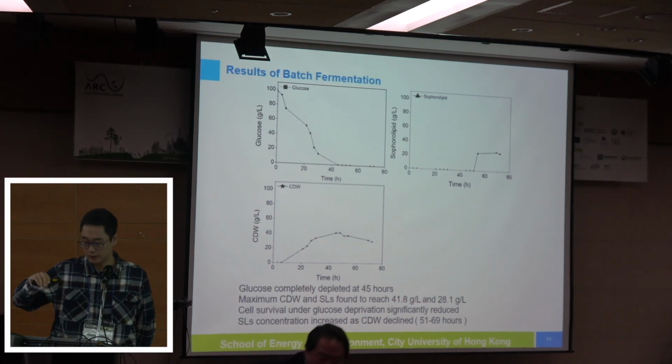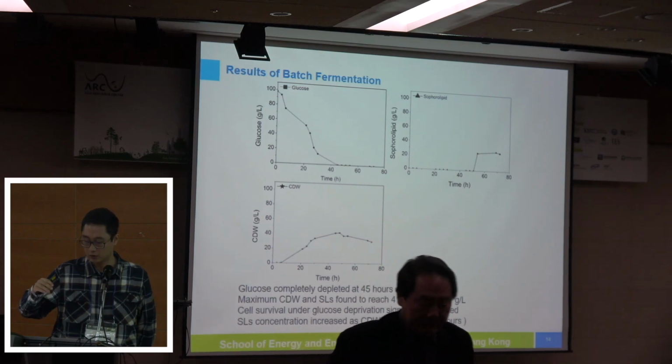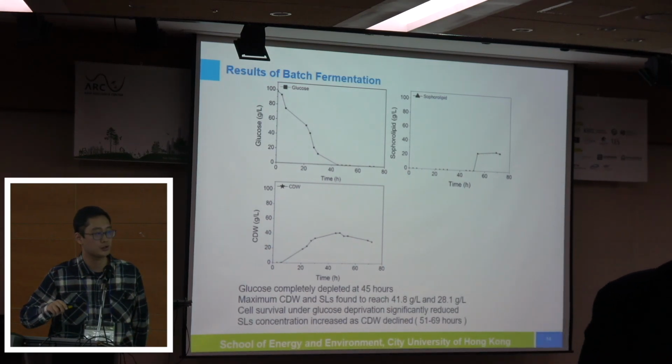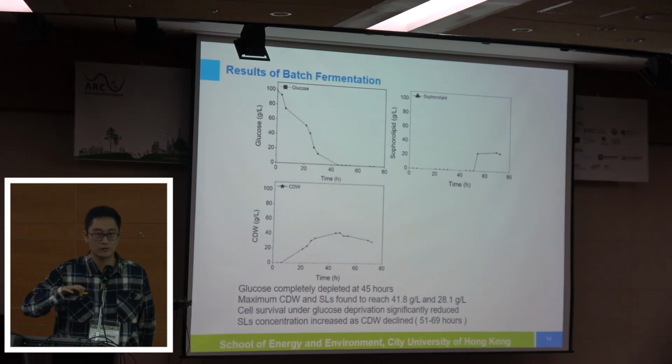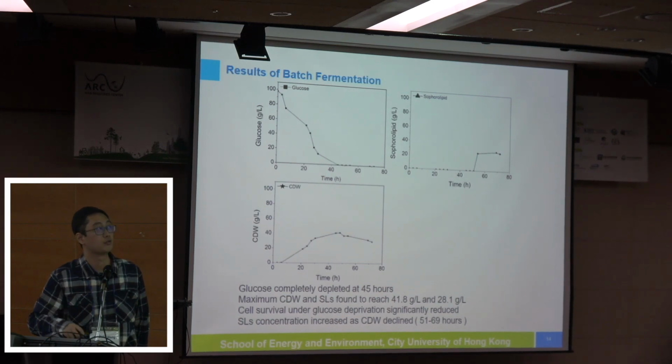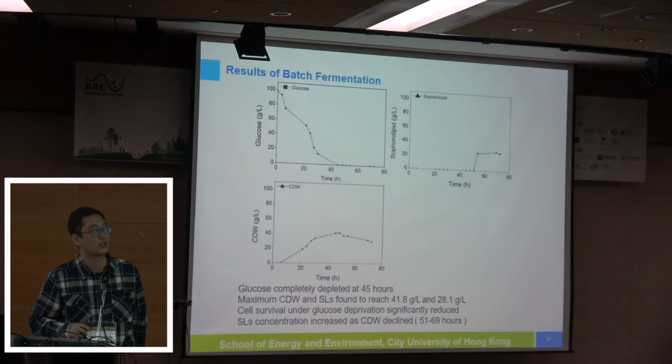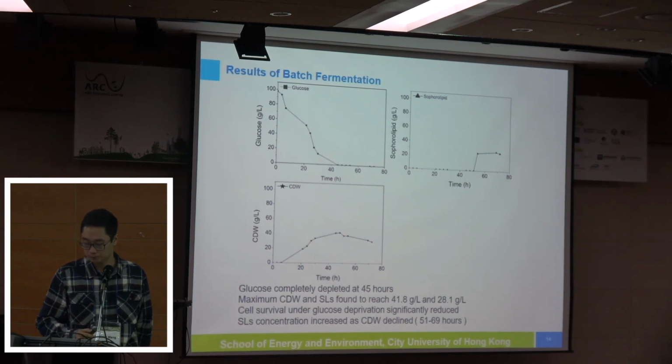This means, firstly, the food waste hydrolysate does not inhibit cell growth. Otherwise, it could not reach this high cell dry weight. On the other hand, it eventually produced our product, sophorolipid, at around 30 grams per liter, which also means it didn't inhibit the production of sophorolipid. So this is what we get from our batch fermentation.